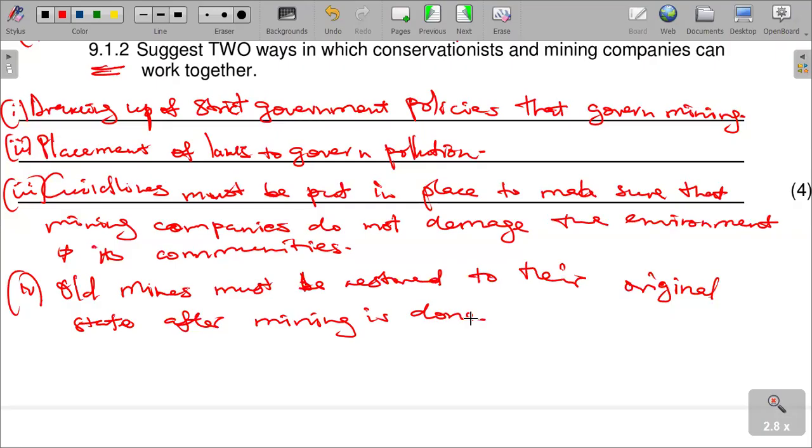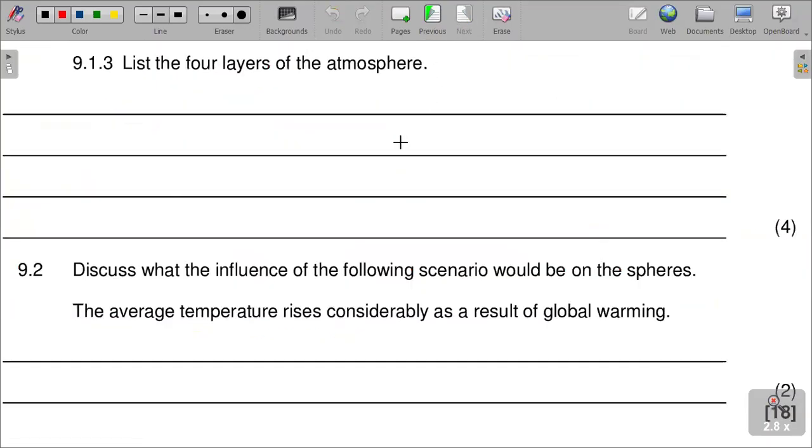That is sometimes planting, or we can talk about replanting trees or afforestation in old mining areas, so that they cannot remain useless to the environment or to the people surrounding there.